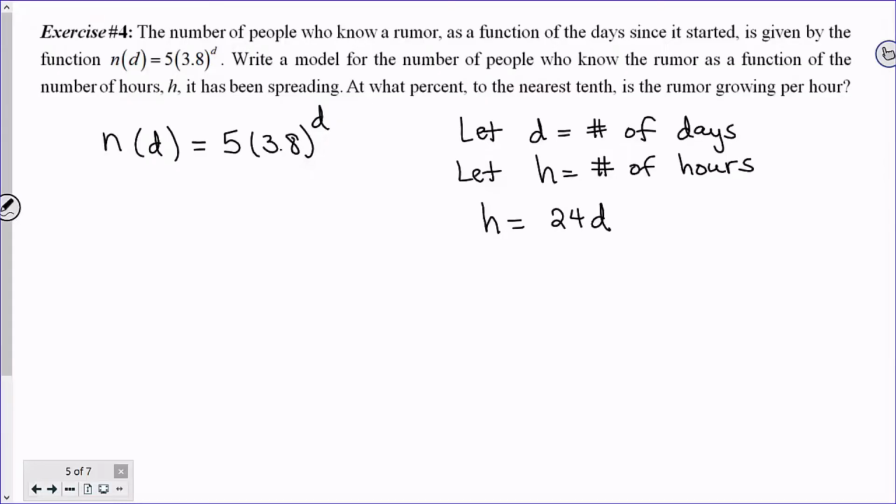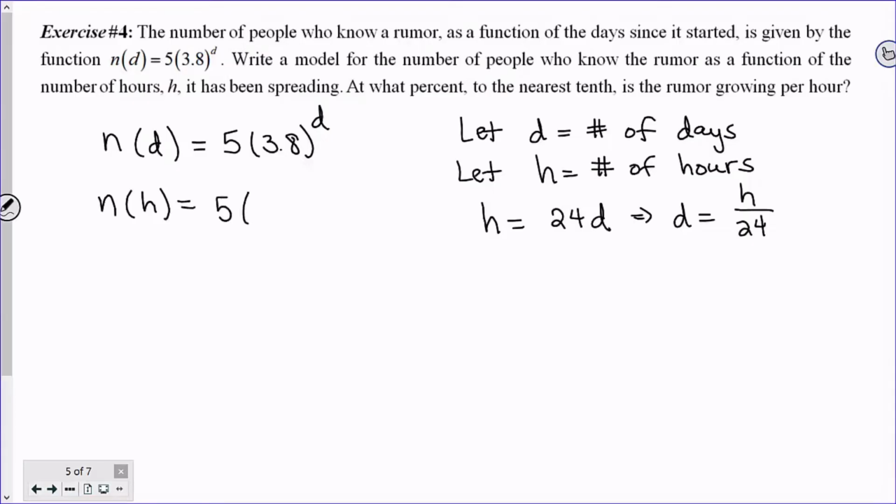It's like saying the number of days will always be 7 times the number of weeks, in which case we can easily solve this and say the number of days is equal to the number of hours divided by 24, and now we can figure out this function in terms of the number of hours.